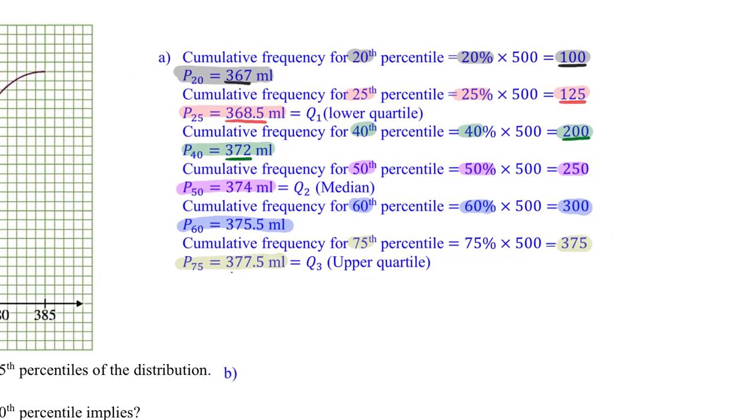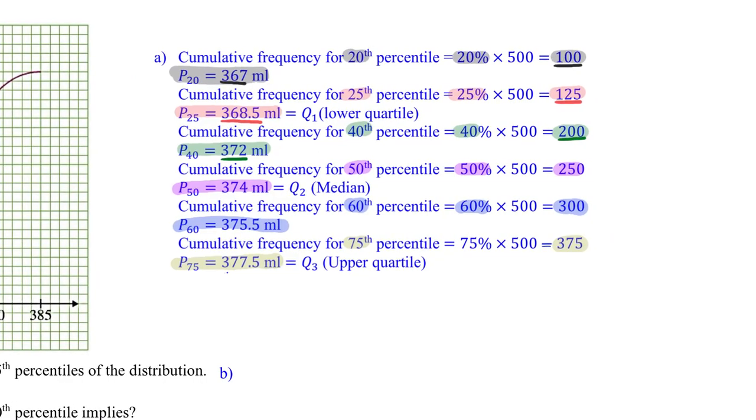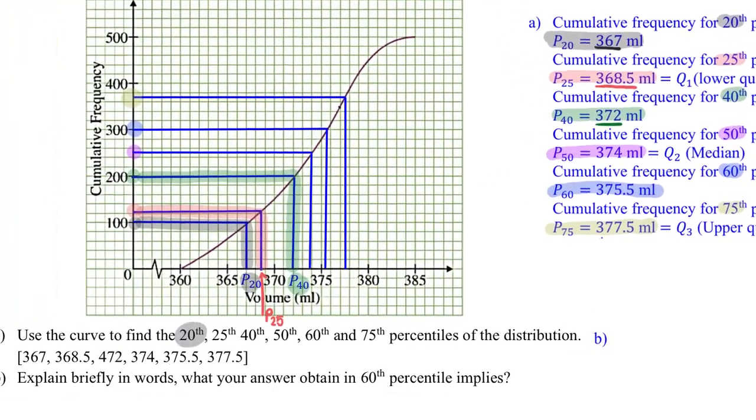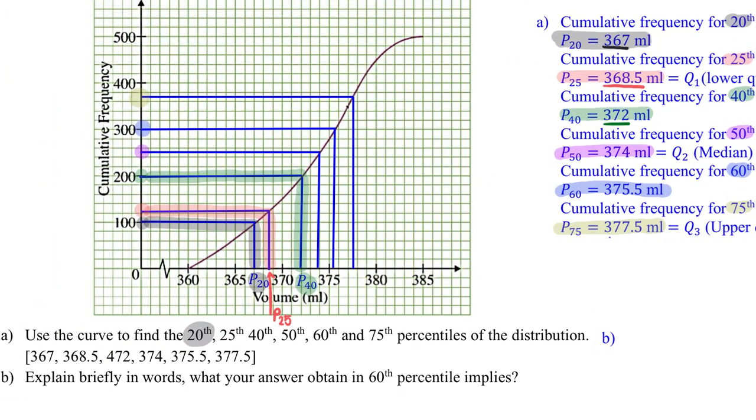Next will be my 50th percentile, which happens to be my median. That means it is at the 250 mark of the data here.